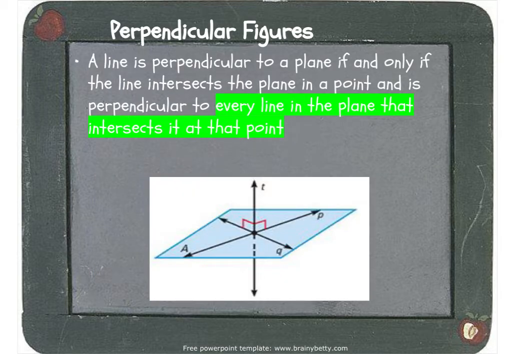All right. A line is perpendicular to a plane if and only if the line intersects the plane in a point that is perpendicular to every line in the plane that intersects at that point. So let's go ahead and write that this is a biconditional statement. Okay, we know it's a biconditional because it says if and only if, right?